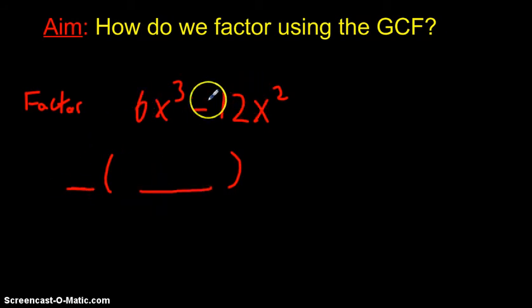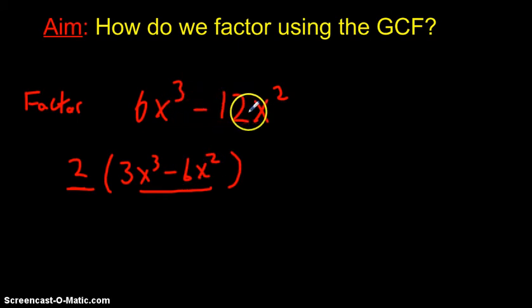We could say 2 goes into both of these. Alright, so what would I have multiplied 2 by to get this? 3x to the third minus 6x squared. So this is one factored form of 6x to the third minus 12x squared.